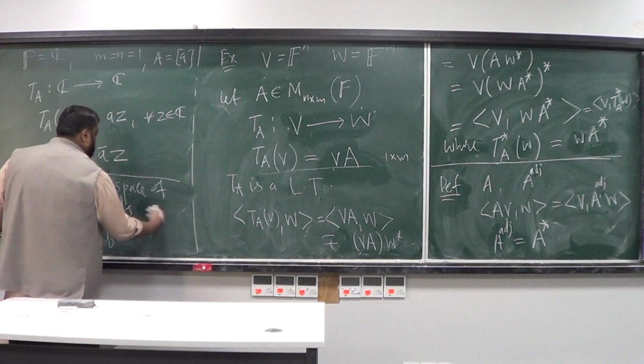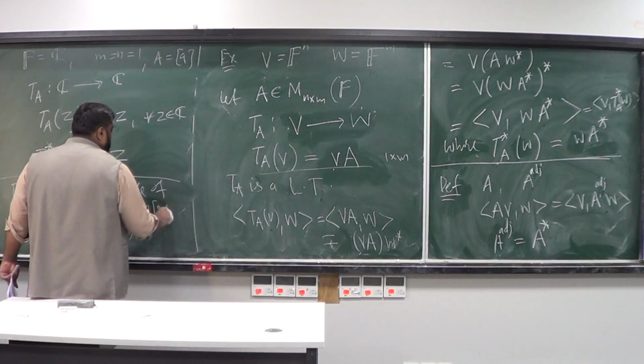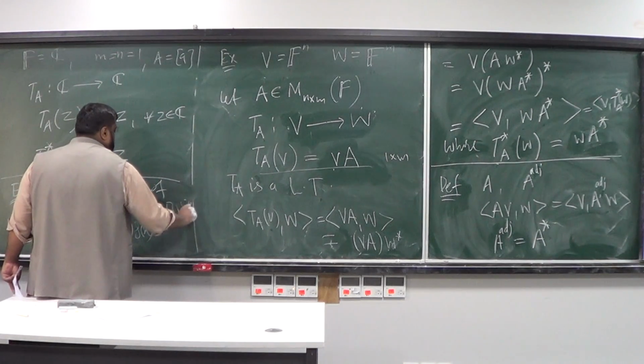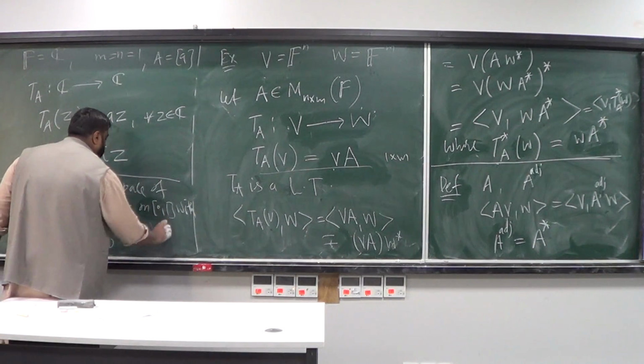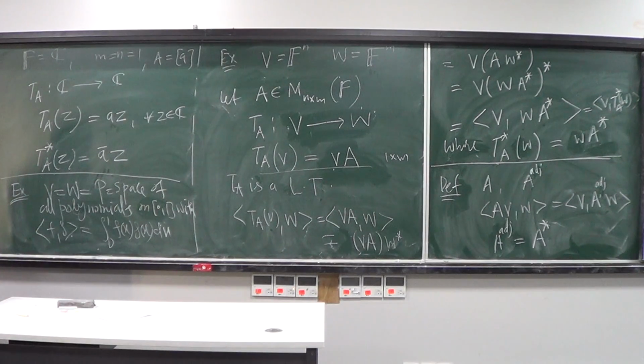So the polynomials on 0 to 1 with the inner product defined in this manner is the inner product on V and W both. In the next example, I'm taking both inner product spaces to be the space of all polynomials with the domain 0 to 1, and the inner product on V and W both is the L2 inner product; simply multiply the polynomials and integrate over 0 to 1.